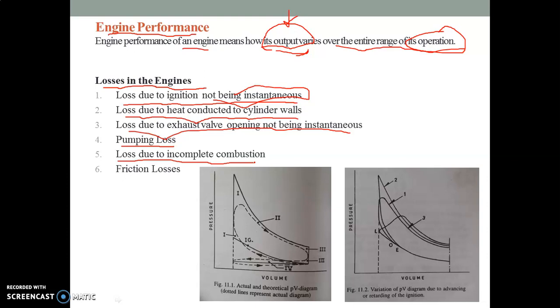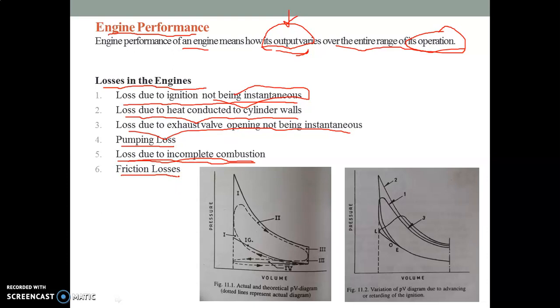However, in actual practice, there is always incomplete combustion, as a result of which the energy in the fuel goes waste, and the losses occurring in the engine affect the performance. The next type of loss we consider is the friction losses.